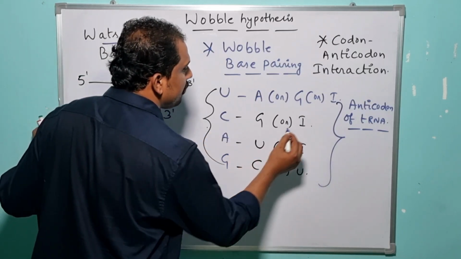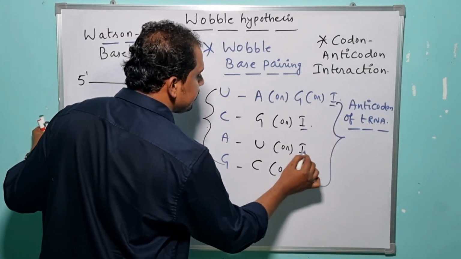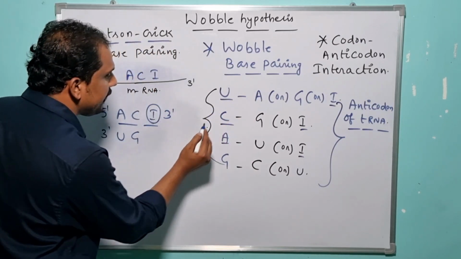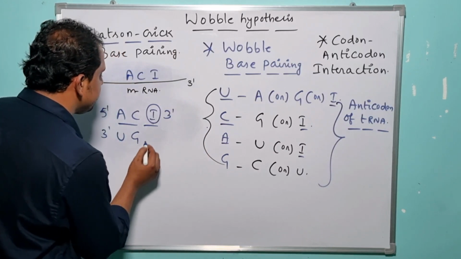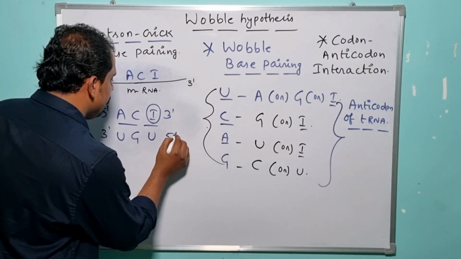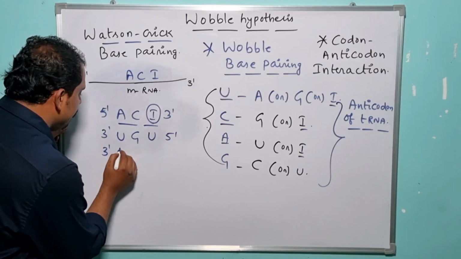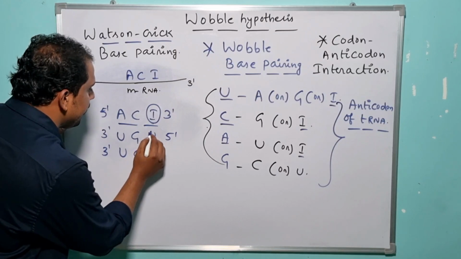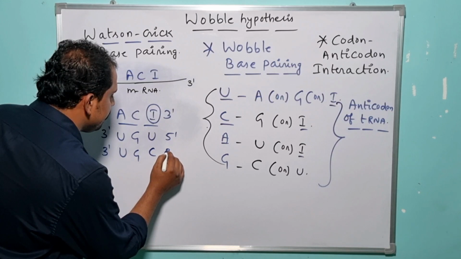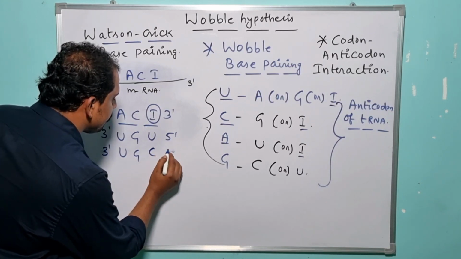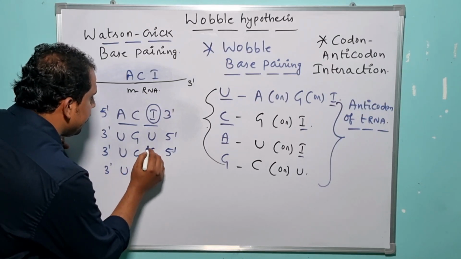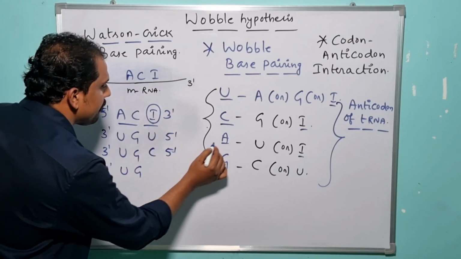So as I have already told you, the specific inosine nucleotide is capable to encode the various nucleotides like U, C and A. So by taking this point into consideration, here the specific inosine nucleotide is capable to encode with U. And in the same way, U again it is G, and here the inosine nucleotide is capable to encode with C. And again it is U, again it is G, and here the inosine nucleotide is capable to encode with A.